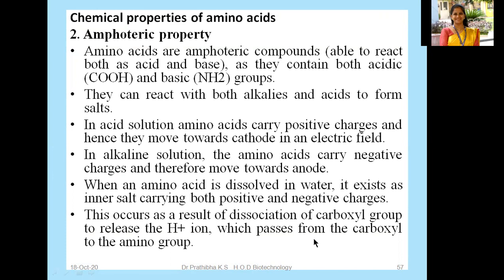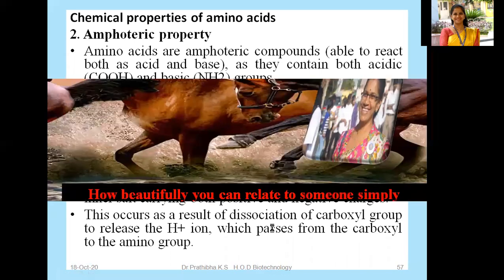Then it moves towards neither the anode nor the cathode, right? This occurs as a result of dissociation of the carboxyl group to release the proton, that is H plus ions, which passes from the carboxyl to the amino group.